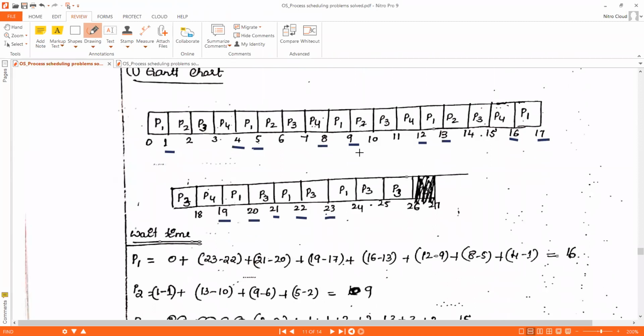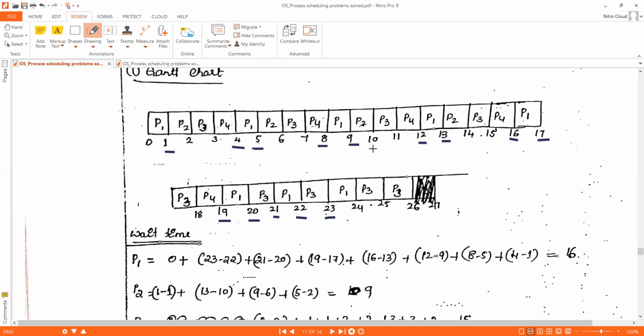From the Gantt chart we can come to know, process 2's last allotted time is at clock time 13 milliseconds, minus its previous preempted time.